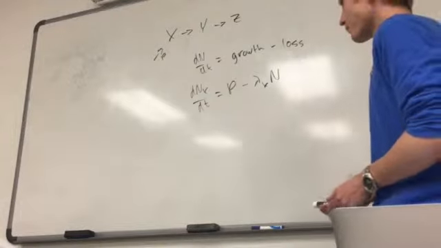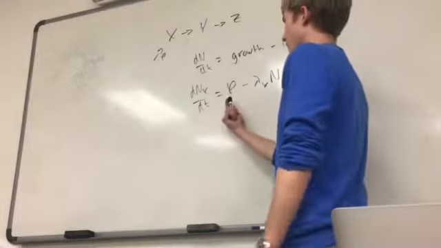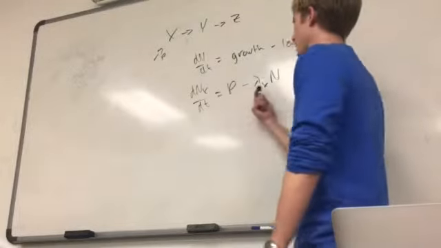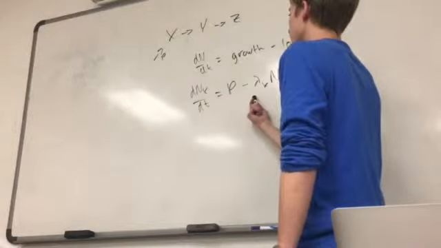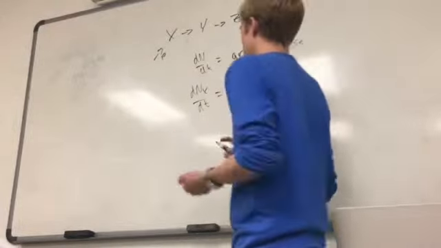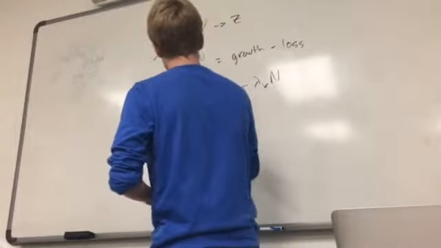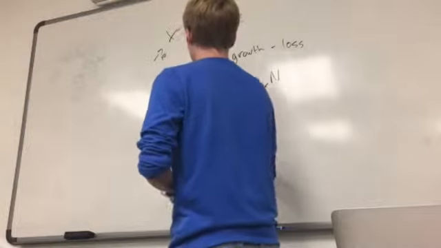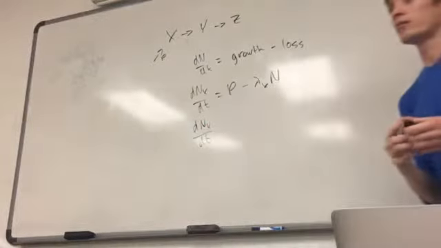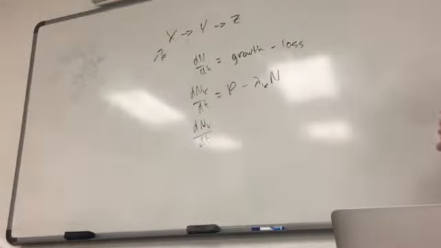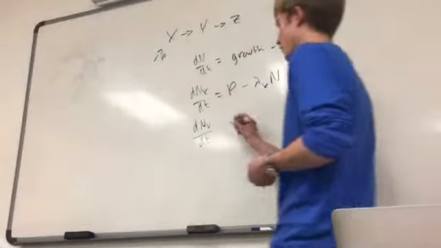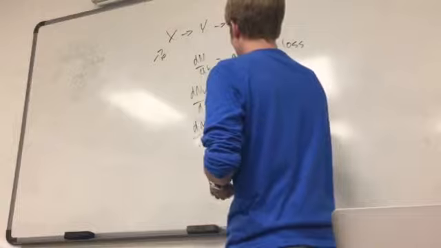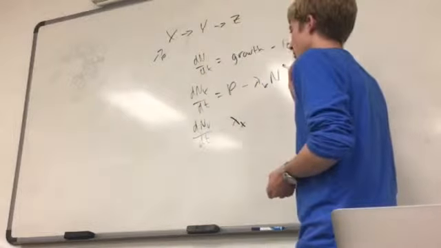Okay. So for X we have growth of P and decay of itself at its decay constant. So now for Y, what do you think we would write down? Lambda x n, the production, and lambda y n. So we're not producing Y at the cyclotron.